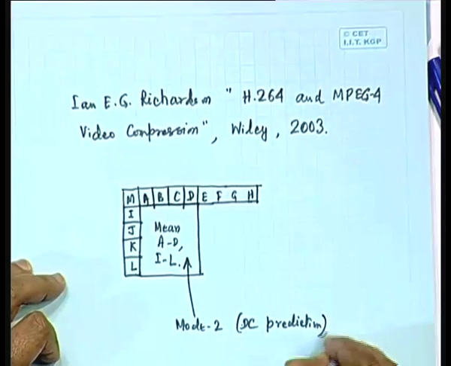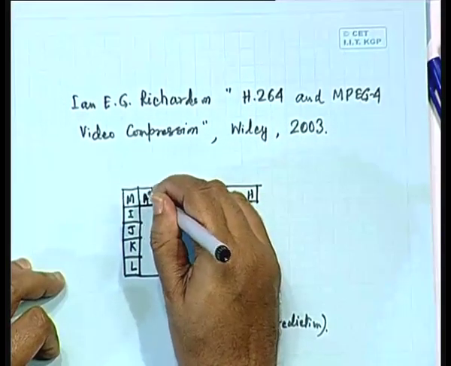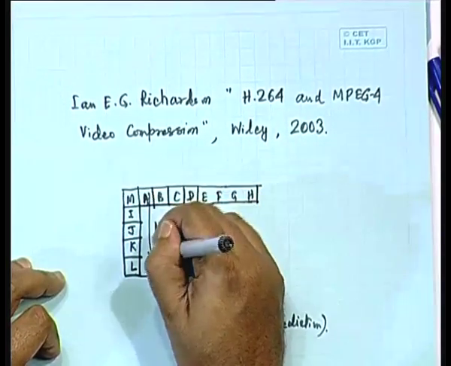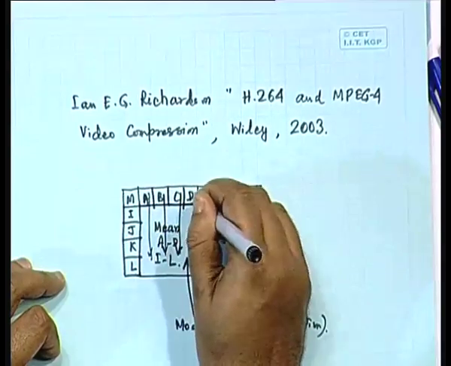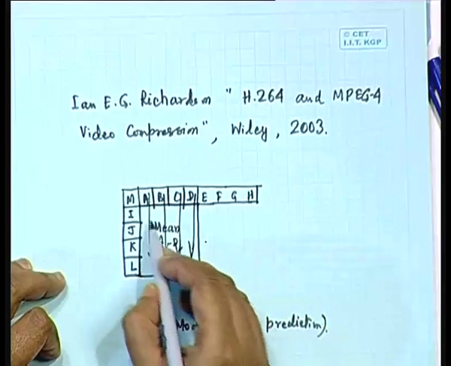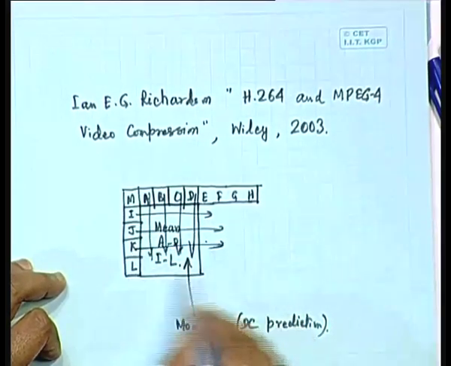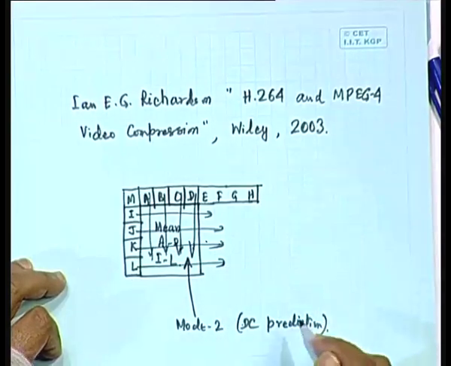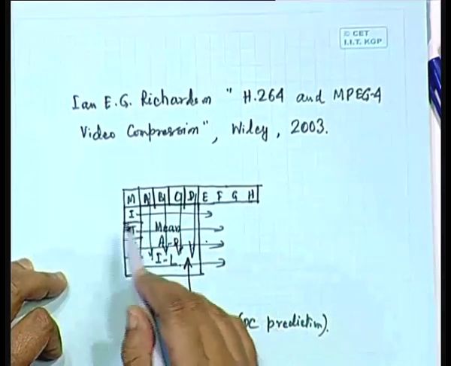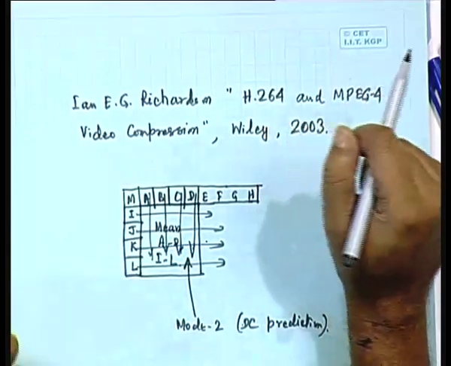And the other modes I already mentioned: mode 0 is where we are vertically propagating down, A, B, C and D will be propagated like this, whereas in the case of mode 1, that is the horizontal propagation, all the predicted 4 by 4 values will be generated by propagating the I, J, K and L along the rows.